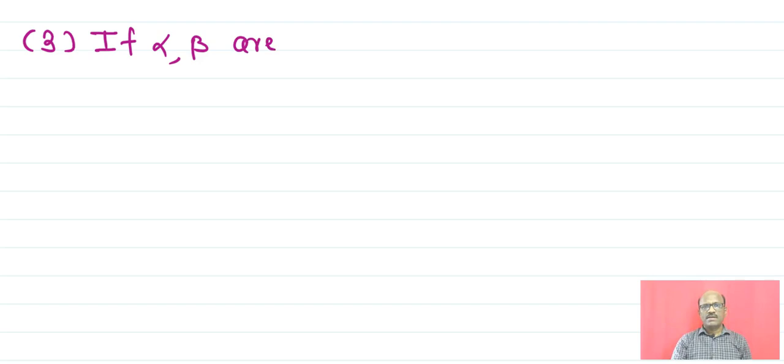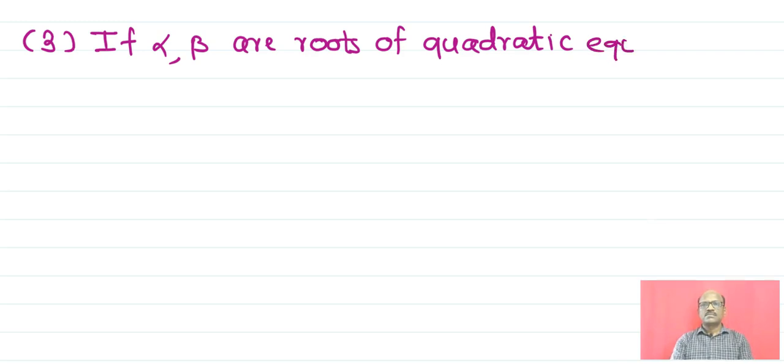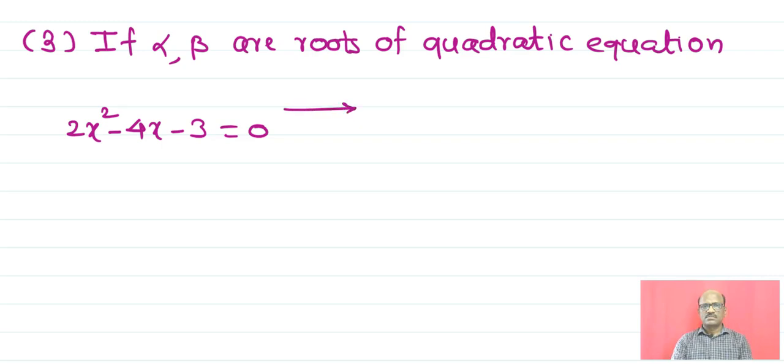Now next, if alpha, beta are roots of the quadratic equation x square minus 4x minus 3 equals 0, then what is alpha plus beta and alpha into beta?